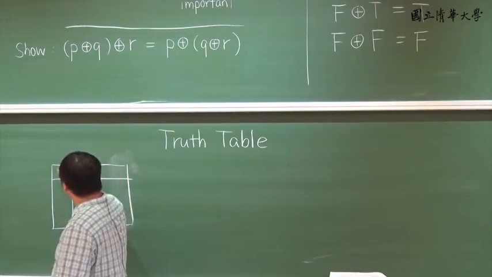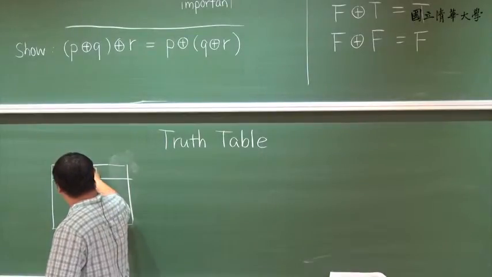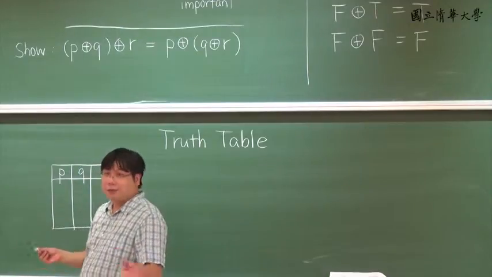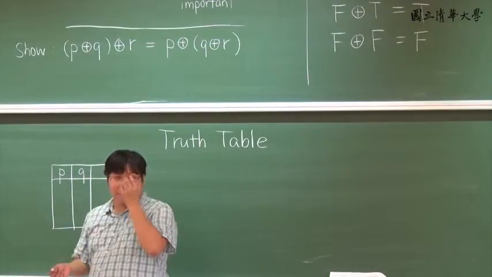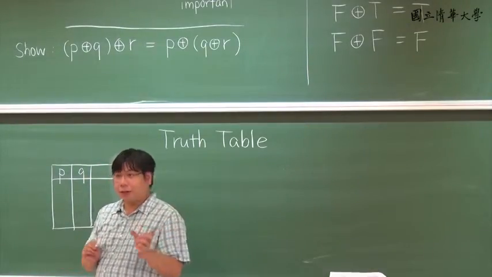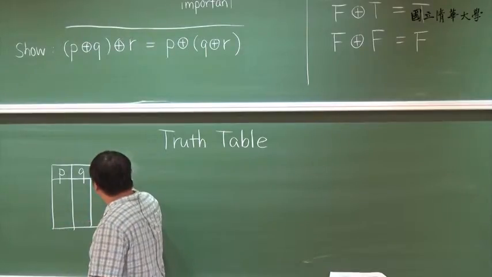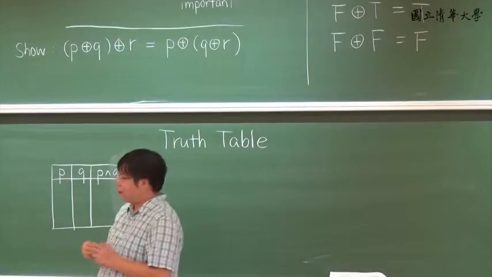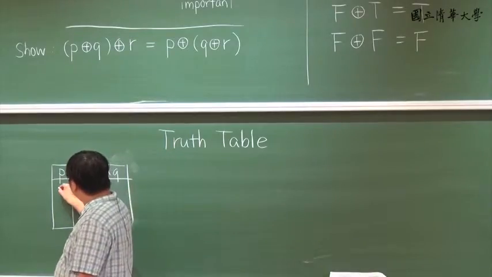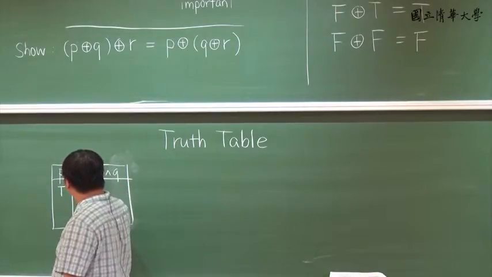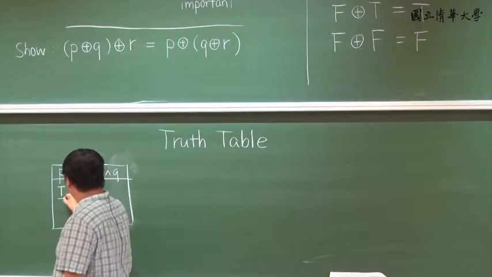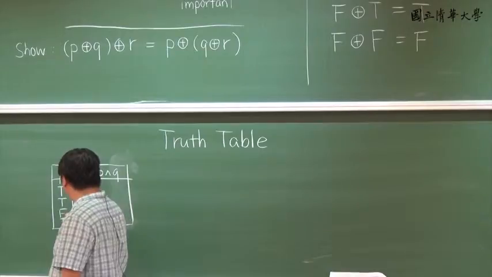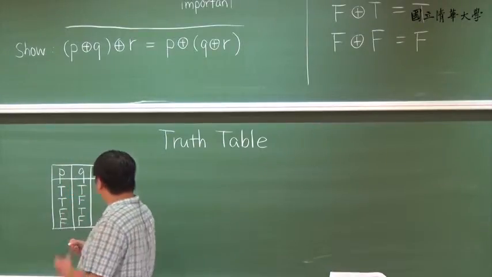A truth table is something that summarizes the truth value of a particular proposition in different cases. So for instance, this is P and Q. What we are going to do is write down T, T, T, F, F, T, and then F, F. Is that okay?